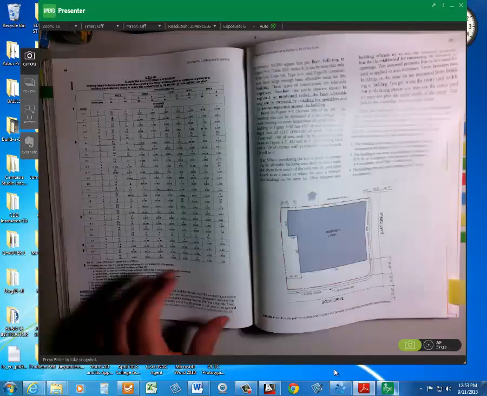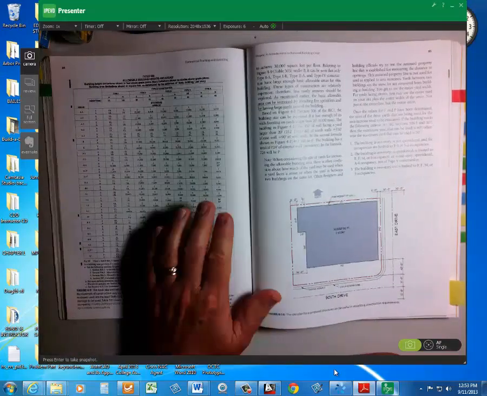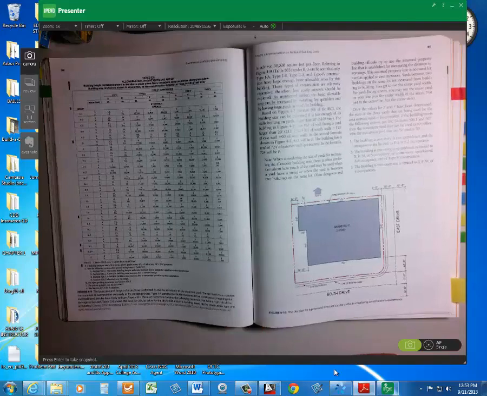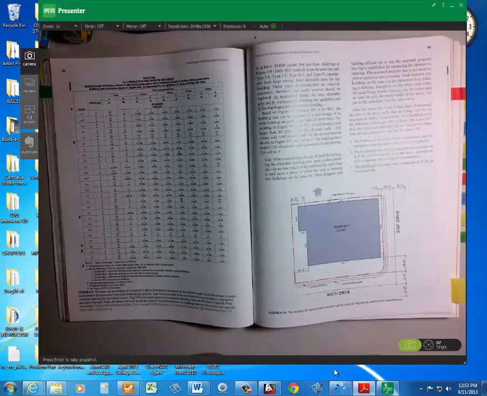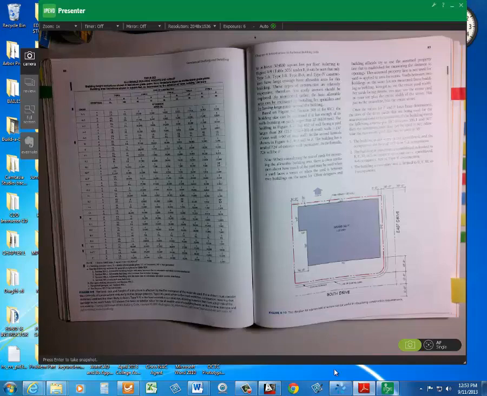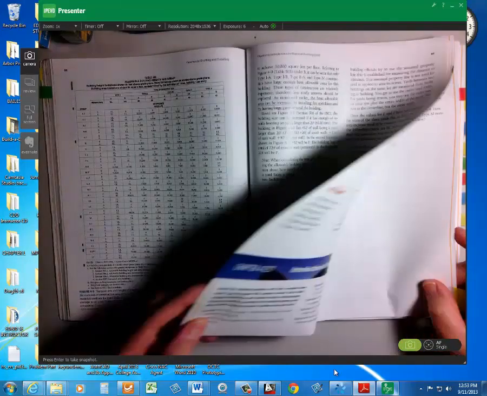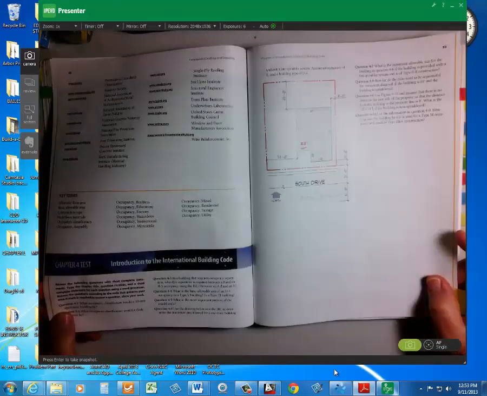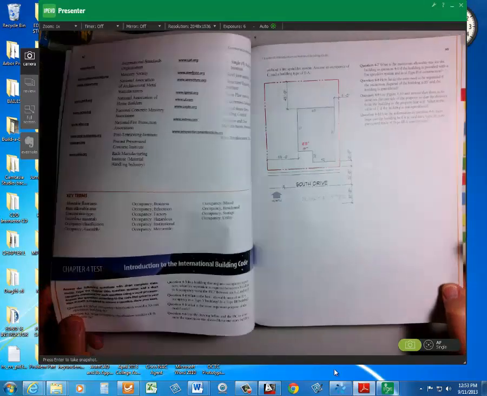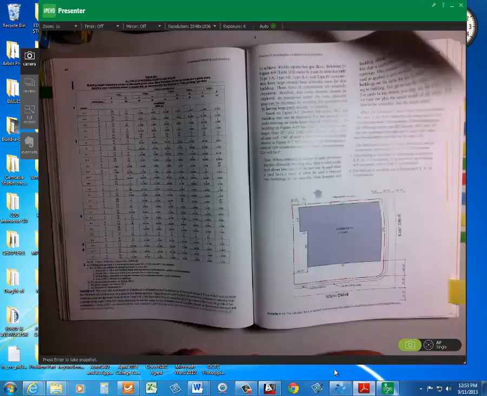That'd be table 503. So we're looking for what? Looking for H4, H-4 in the type 5.